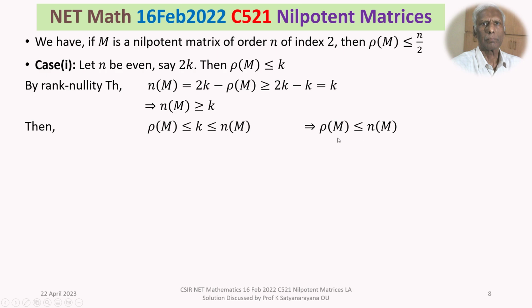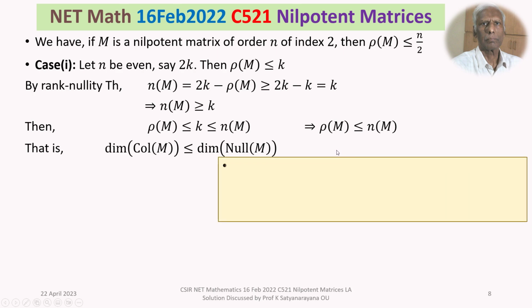Now, what is the rank of M? The dimension of the column space of M, which is the column rank of M, which is equal to rank of M. This is the dimension of column space of M less than or equal to nullity of M, that is the dimension of the null space of M. So, let us recall our options.